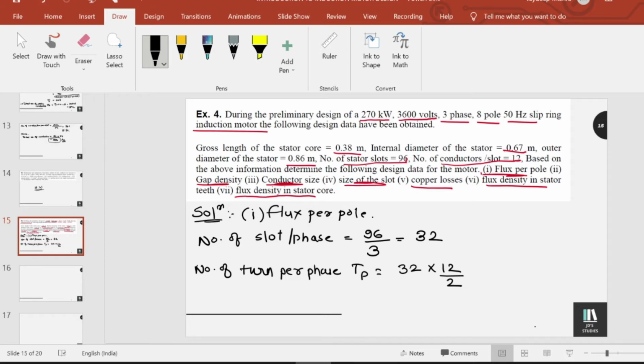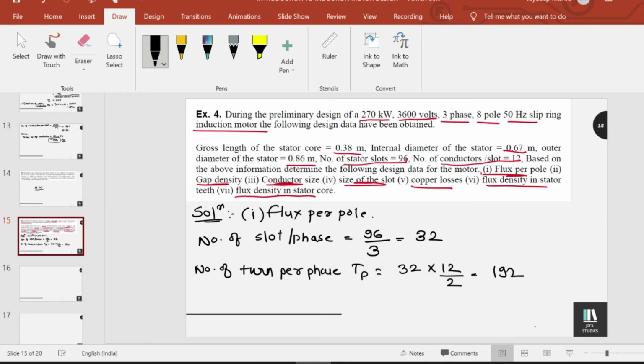Why do we divide by 2? Because we have the number of conductors, but we have to find the number of turns per phase. That's why we have to convert ZPH into TPH, so we divide by 2. So we have TPH equal to 192.